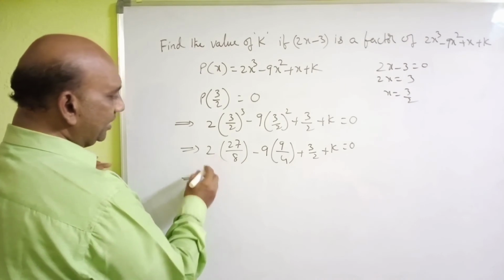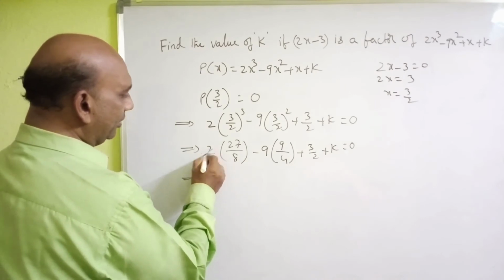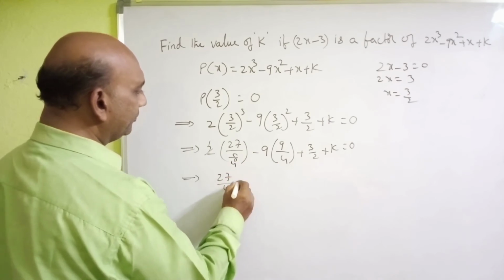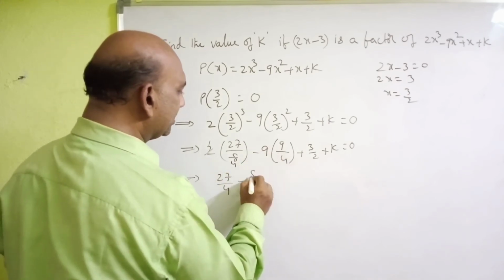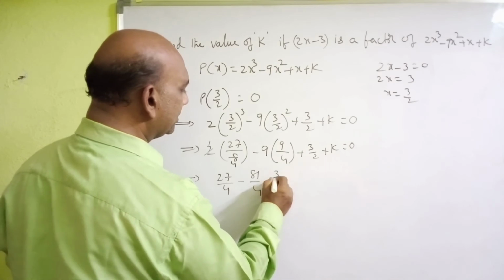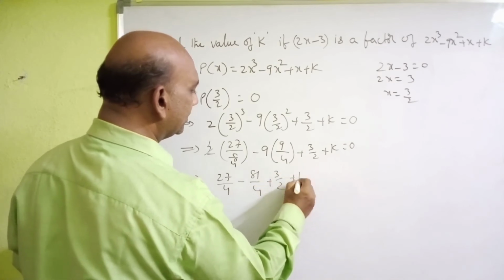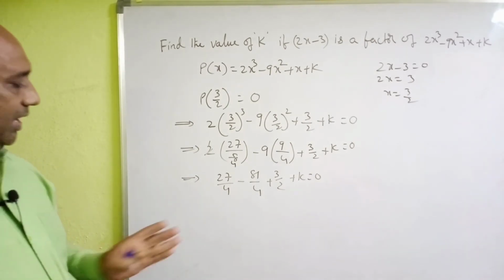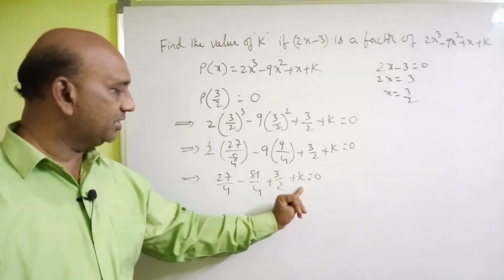This implies here cancellation is there. 2 ones are 2, 2 fours are 8. This is 27 by 4 minus 9 nines, 81 by 4 plus 3 by 2 plus k equal to 0. The LCM of all these terms is 4.